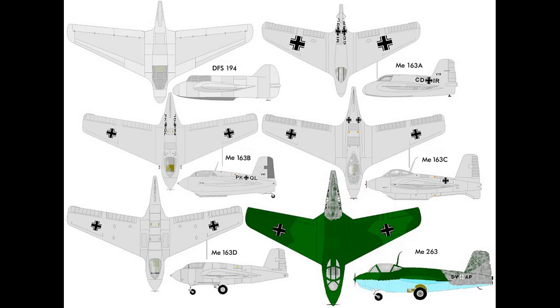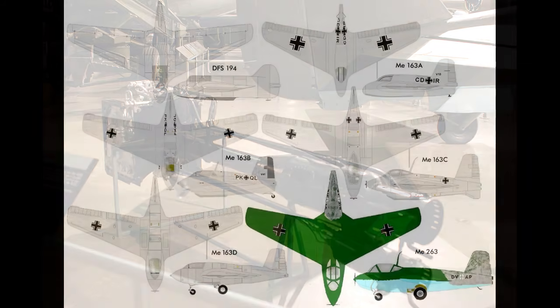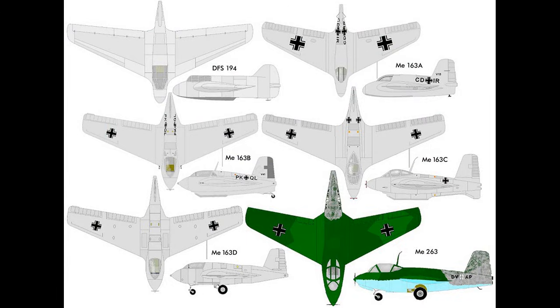The solution was to use a newer dual-chamber rocket engine. You can see the dual outlets in the images at the rear of the 163C. It's a prototype. It was never operational. Now, the new dual-chamber engine allowed the plane to cruise on the lower chamber, thus conserving fuel when maximum thrust wasn't needed. So the ultimate evolution here was the 263. It was built, but it only flew in glider form.